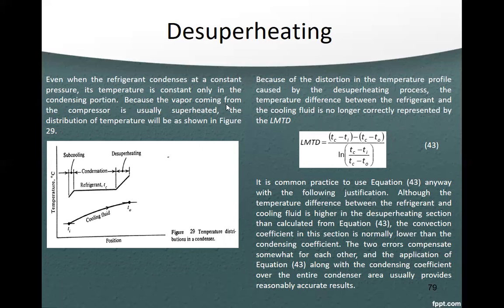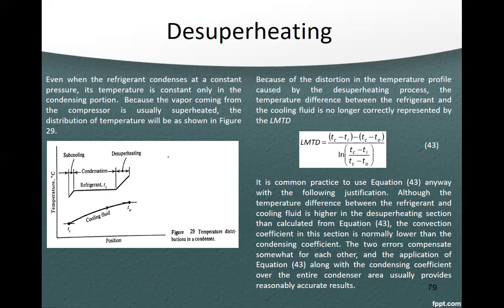Because the vapor coming from the compressor is usually superheated, the distribution of temperature will be as shown in figure 29. So, ano yung i-consider mo dito? Because of the distortion in the temperature profile caused by the superheating process, the temperature difference between the refrigerant and the cooling fluid is no longer correctly represented by the LMTD.